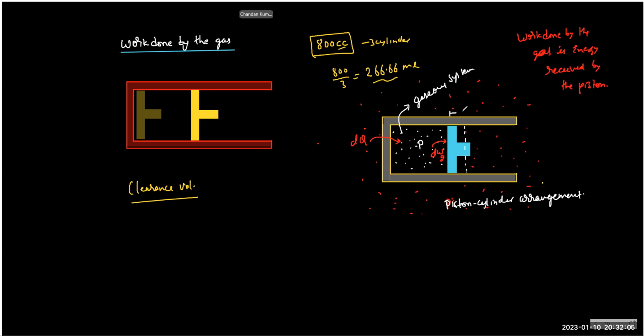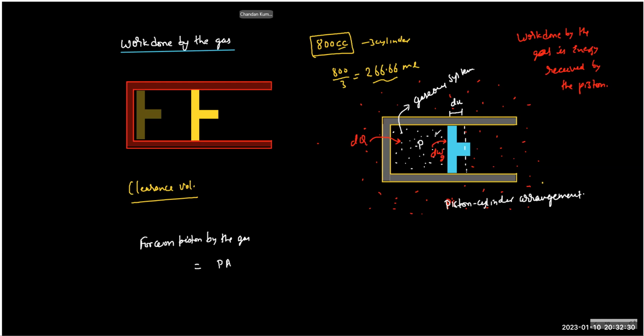So if I assume the piston has only displaced by dx, what is the force on the piston by the gas, and not by others like the atmosphere? Only by the gas. So force on piston by the gas is equal to P into area.